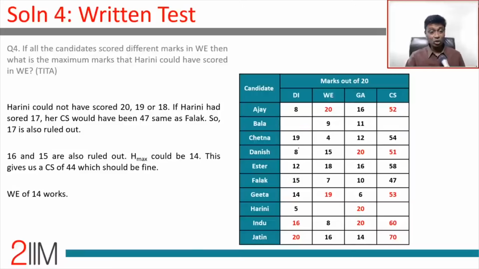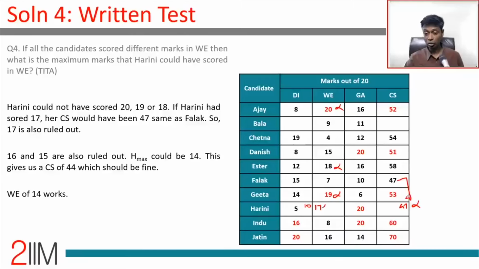If all the candidates score different marks in WE, then what is the maximum marks Harini could have scored in WE? Different marks, so we want maximum. Let's start from 20. 20 is ruled out. 19 is ruled out. 18 is ruled out. Maybe Harini scored 17. If you put 17, then composite score will be 10 plus 17, 27 plus 20, 47, which is not possible because Falak has 47.